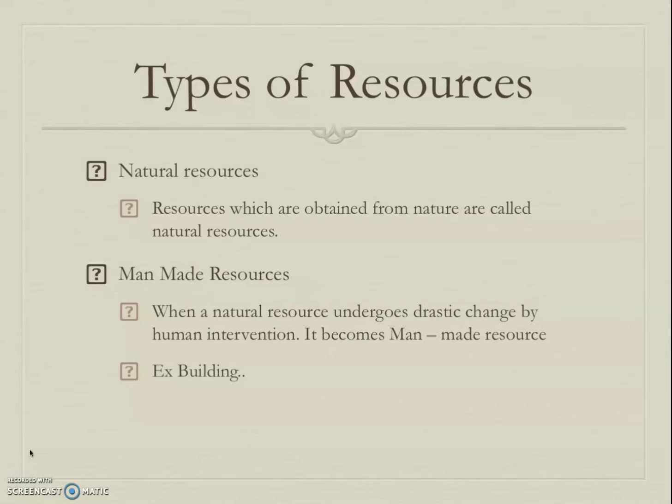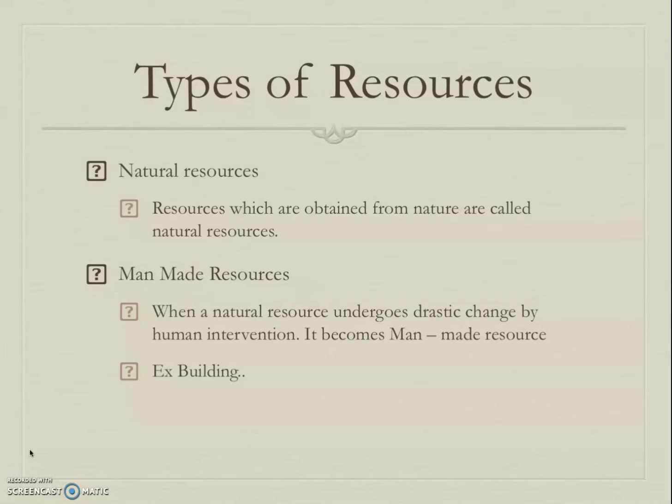Here they are telling that natural resources are those drawn from nature and used without much modification. The air we breathe, the water we drink, and the soil from which we take minerals and natural resources. Many of the resources are the free gift of nature and we can use them directly. That is called natural resources.